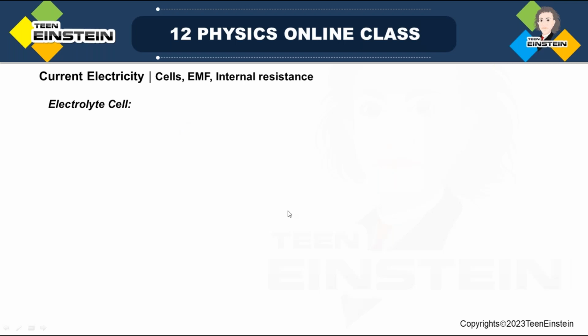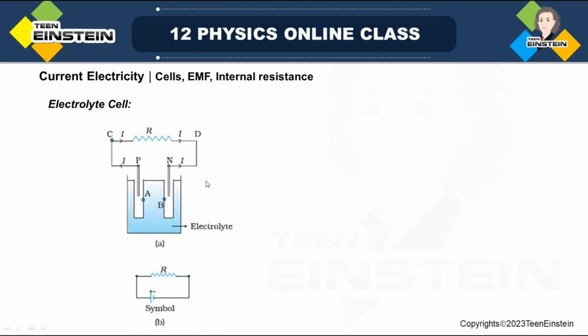See, an electrolyte cell consists of two metal electrodes. One is at positive potential, another one is at negative potential, and those electrodes are dipped into the electrolyte.